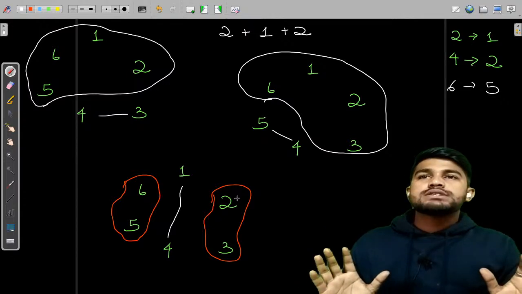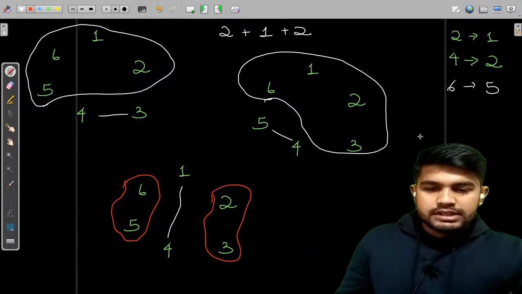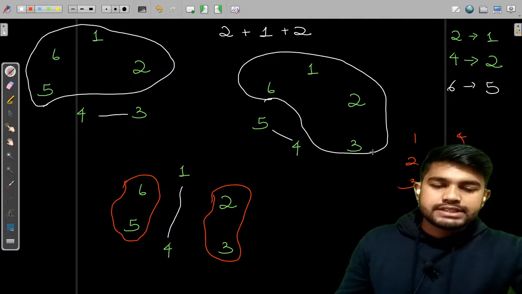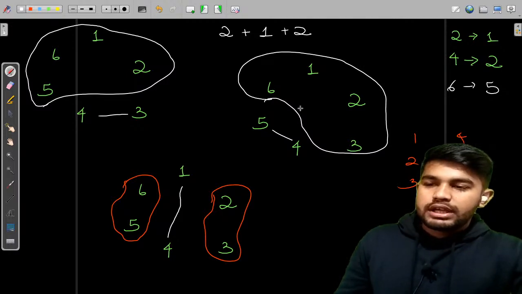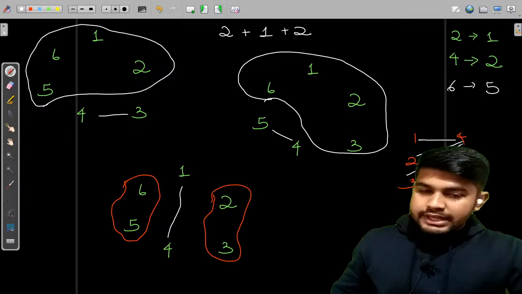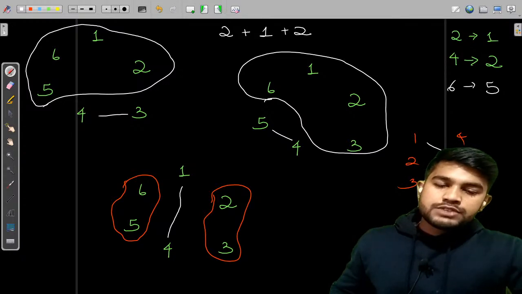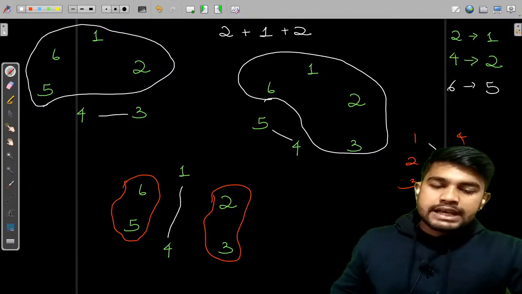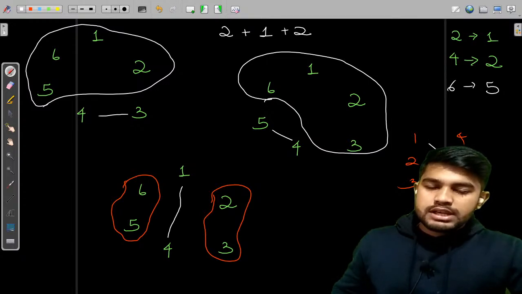Why? Because suppose there is 1, 2, 3, 4, 5, 6. So for 4, I can say that 4 can match with 1, 4 can match with 2, 4 can match with 3. 5 can match with 1, 5 can match with 2, 5 can match with 3. 6 can match with 1, 6 can match with 2, 6 can match with 3.